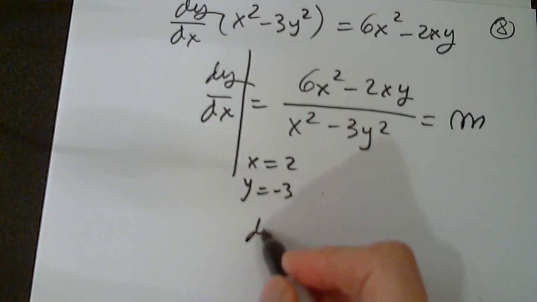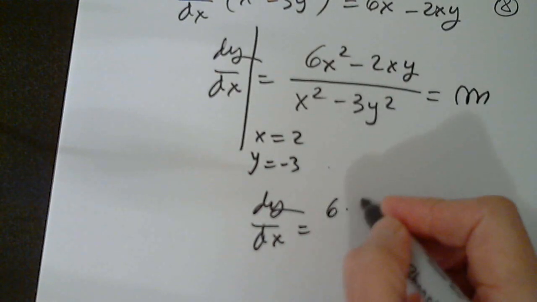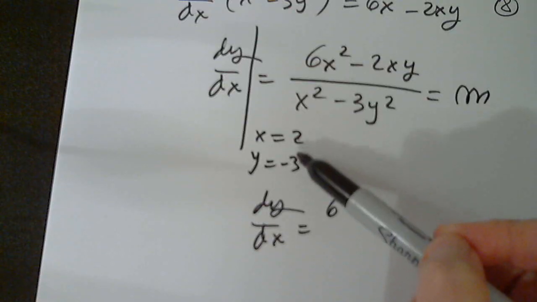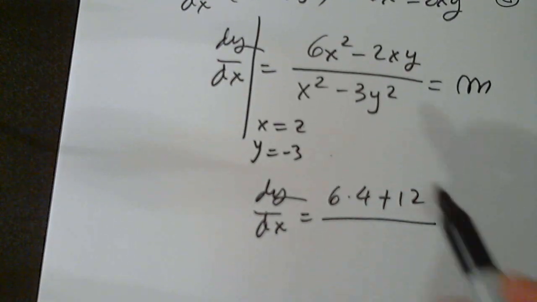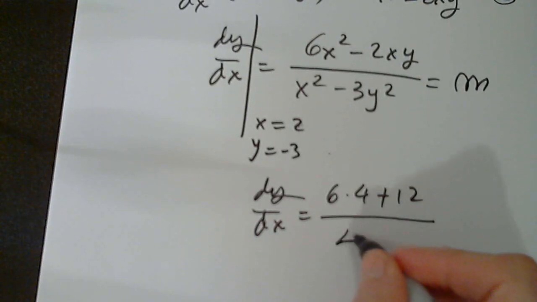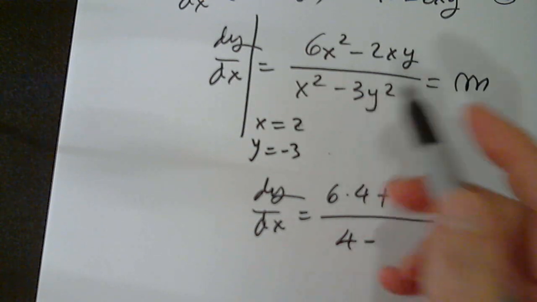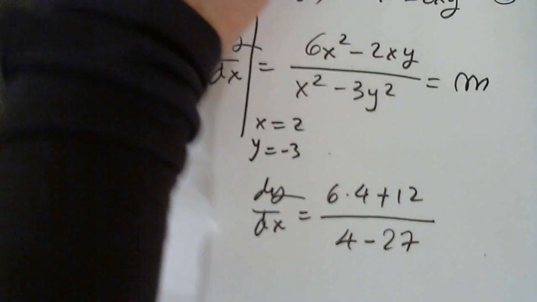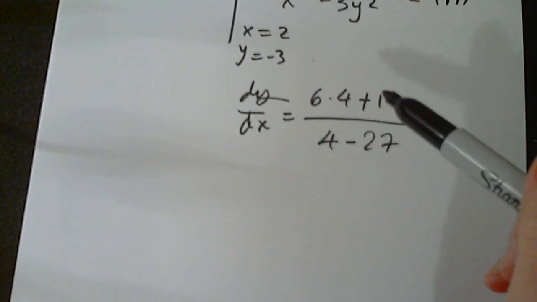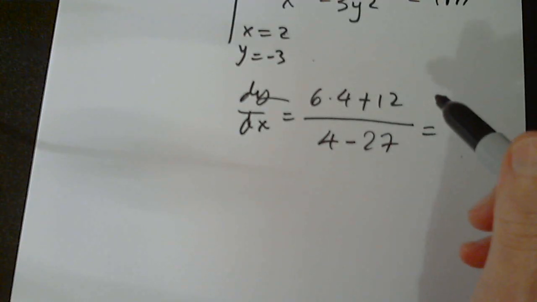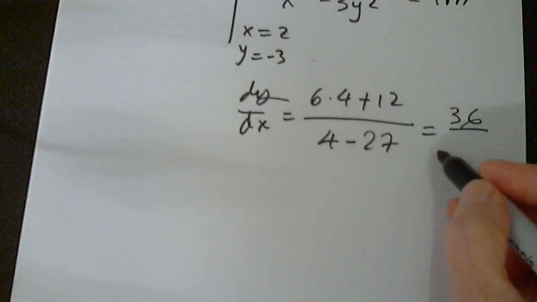So, dy over dx is 6 times 4 minus, this is negative 6 times negative 2, positive 12. 4 minus, this is 9 times negative 3, negative 27. 24 plus 12, 36, negative 23.